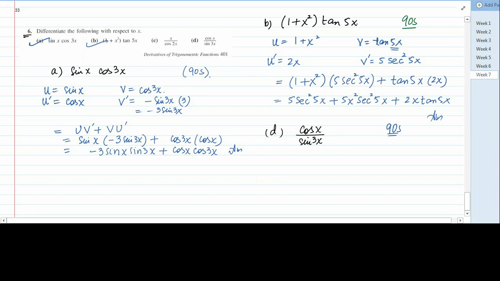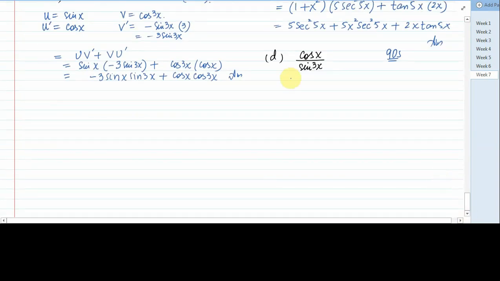Alright, so firstly we are going to assign the values for u and v. So u we have is cos x, and v we have is sine 3x. Derivative of u, the derivative of cos x, is minus sine x, and derivative of v, the derivative of sine, is cos 3x, and then the derivative of the angle. Now we need to apply the working formula which says v derivative of u minus u derivative of v, divided by v square.